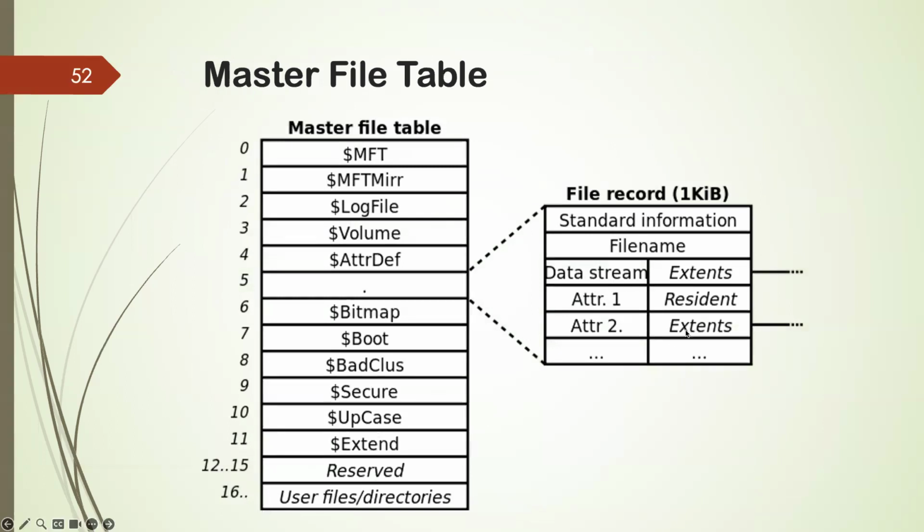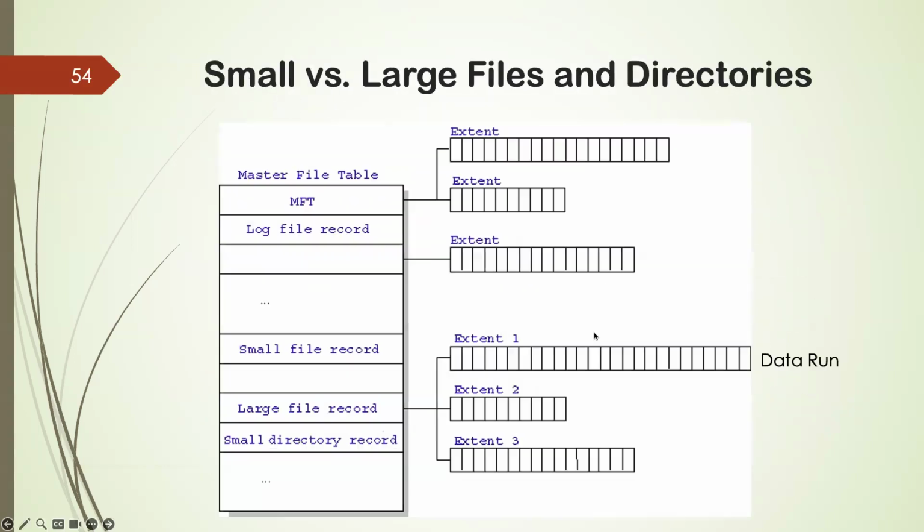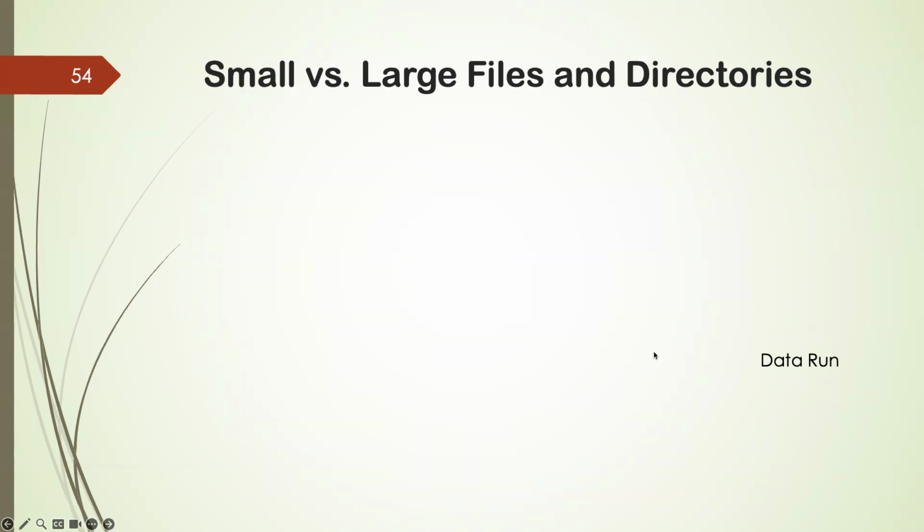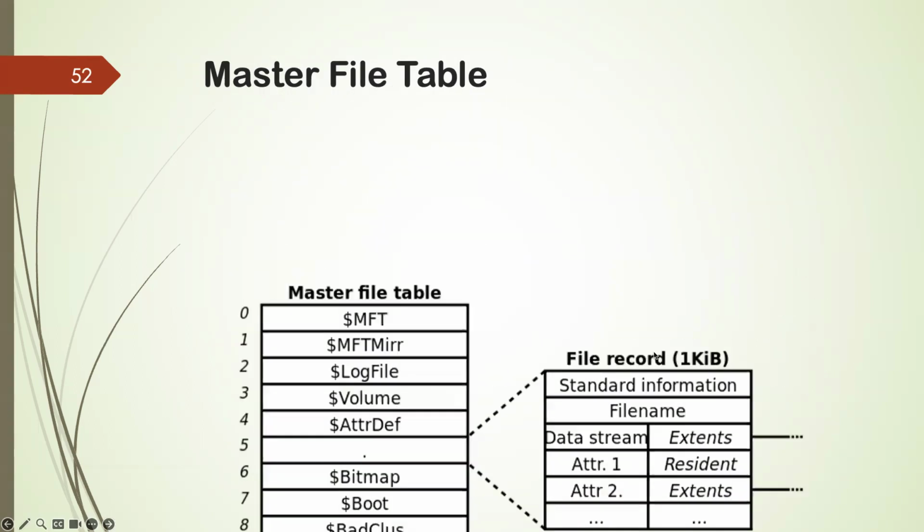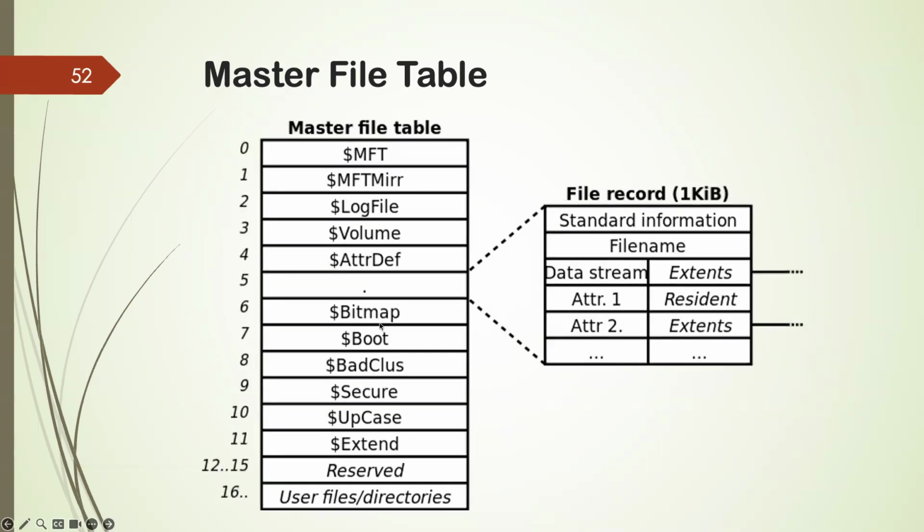If the data is small, then all of that will be stored in this MFT record. Otherwise, it will allocate some external clusters to store the data for this particular file. And whenever the NTFS file system is allocating these clusters to different files, it will update its bitmap. So it will say that cluster numbers 100 to 120 are allocated for file 1. Clusters numbers, say, 200 to 256 are allocated to file 2, and so on. So it will update the bitmap as well.